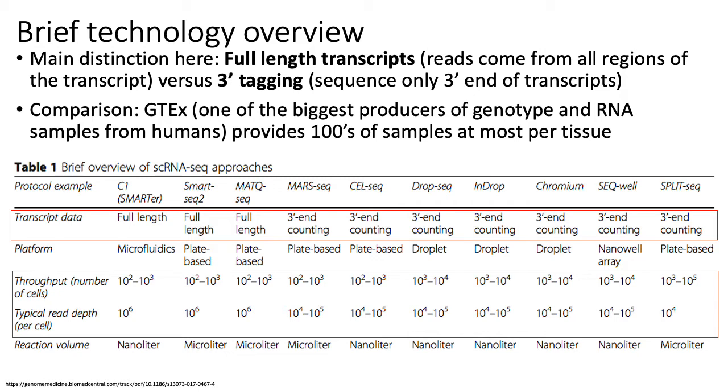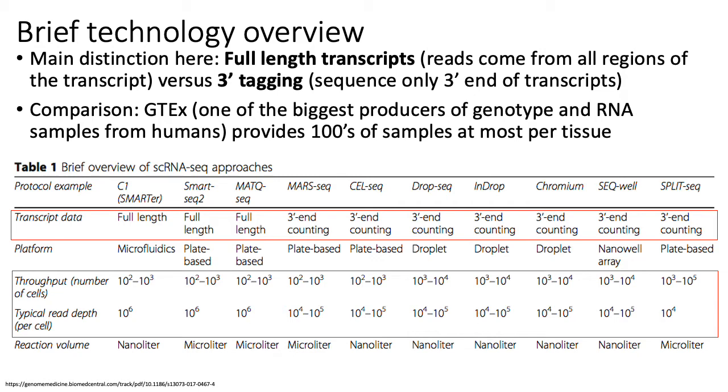In contrast, the 3' tag counting methods only focus on sequencing a short read out of the 3' end of transcripts. You can see in the table below that there's an inverse relationship between the amount of detail you get out of an individual transcript and the throughput of the assay.